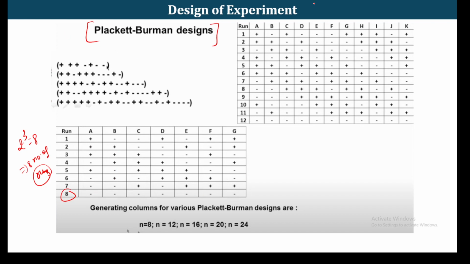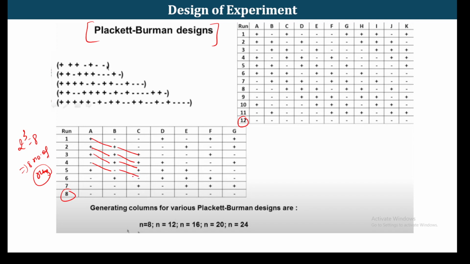Let's say we have 12 runs. So the last row will always be negative. In that case, we have positive, and we see 3 here, then negative, plus, then negative. In the second case, it goes like this, as a diagonal step.